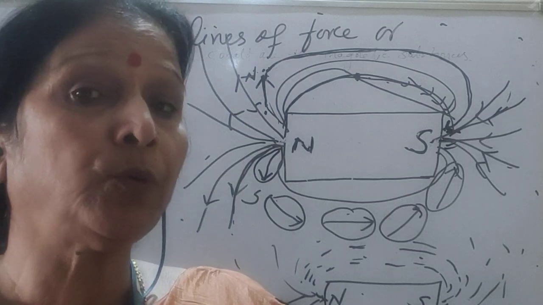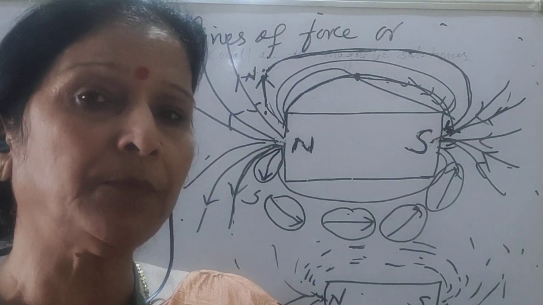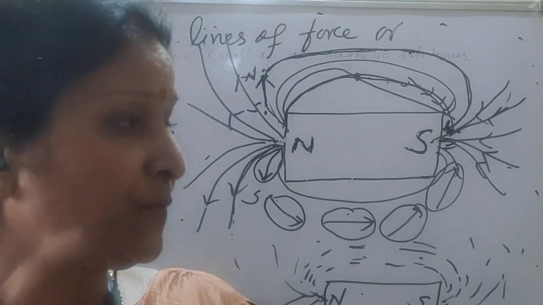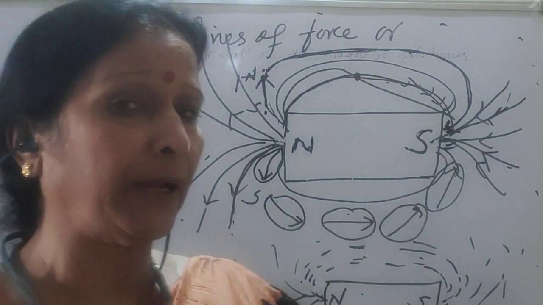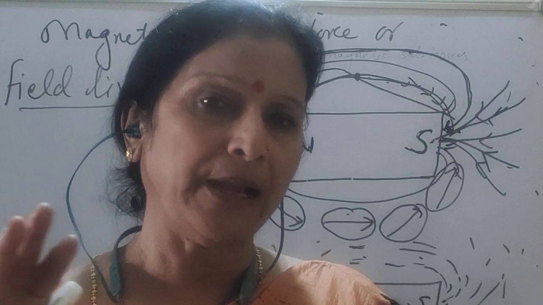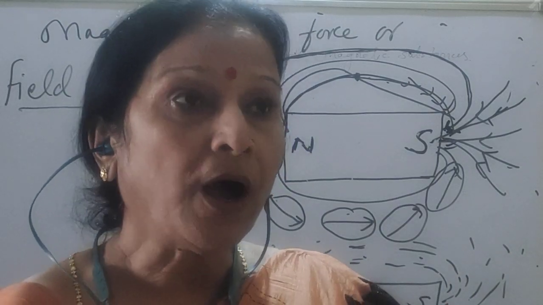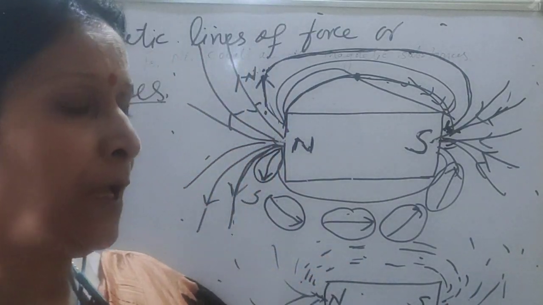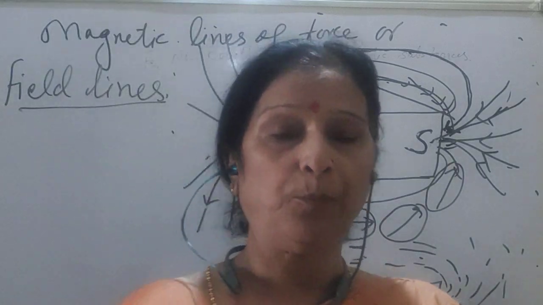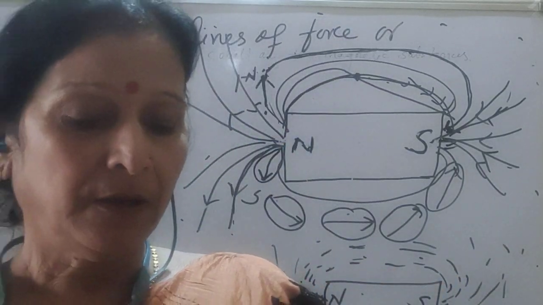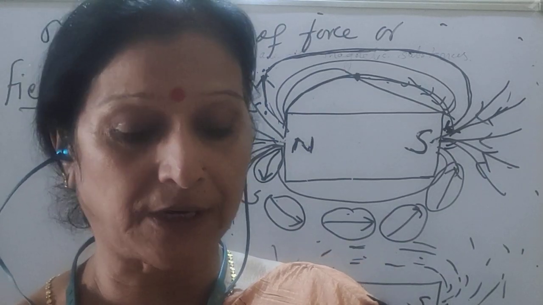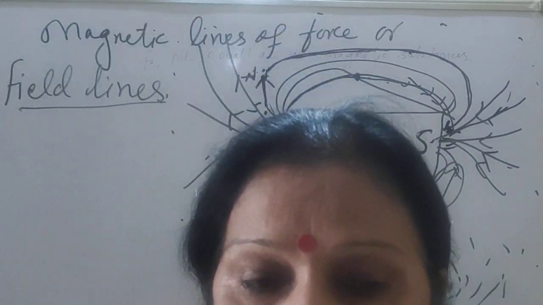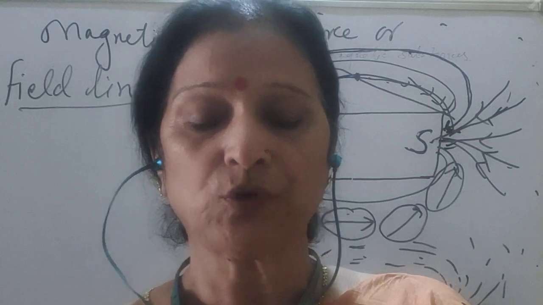But children, if you want to know a little bit more than this, as we have studied, like poles of magnets repel each other and unlike poles attract each other. So how can we explain this? This is based on a property, that magnetic lines of force are like stretched rubber. Stretched rubber, children, I am showing you.